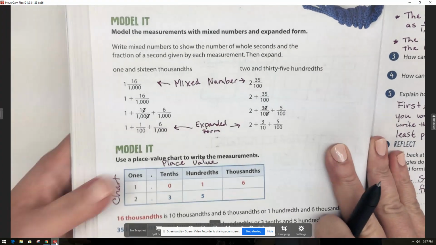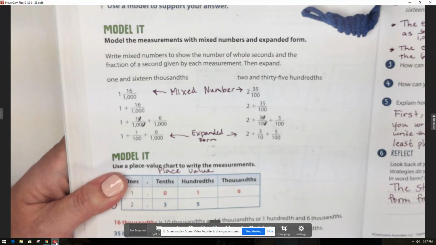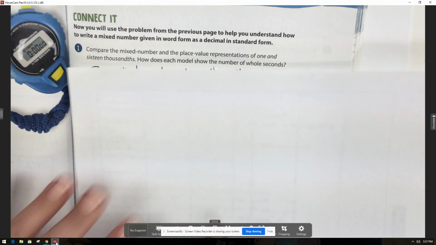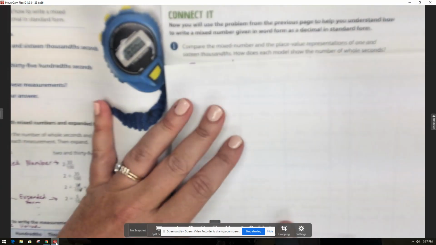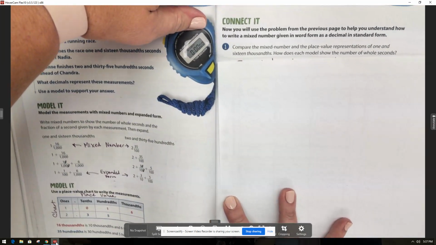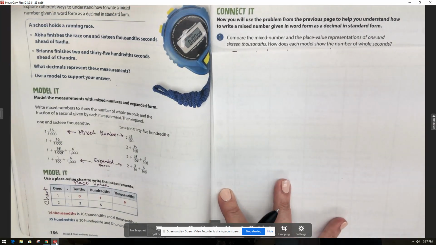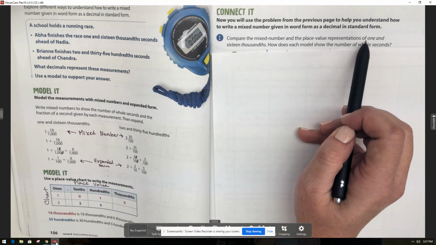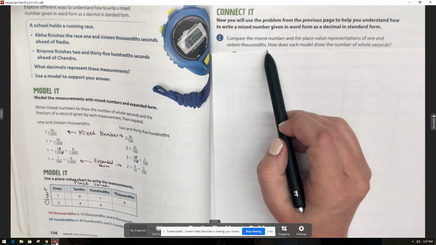All right, go ahead and go to page 157. So the first, let me zoom out so you can see both pages. There we go. All right, so it says, compare the mixed number and the place value representations of 1 and 16 thousandths.